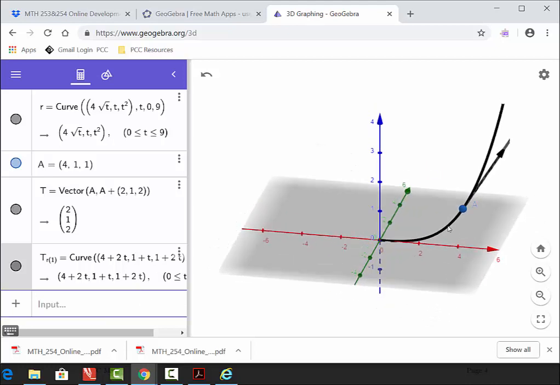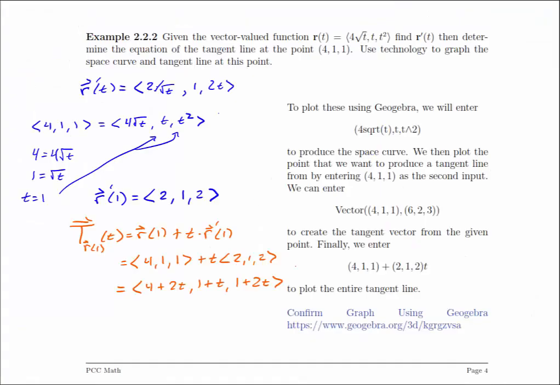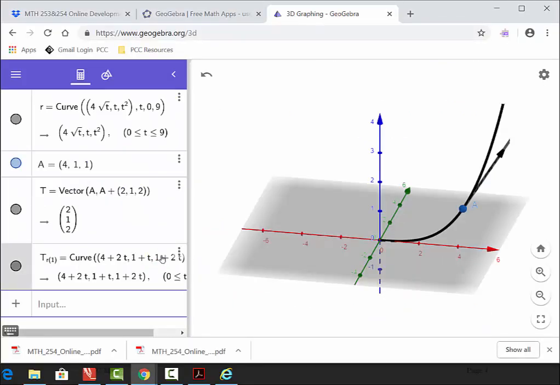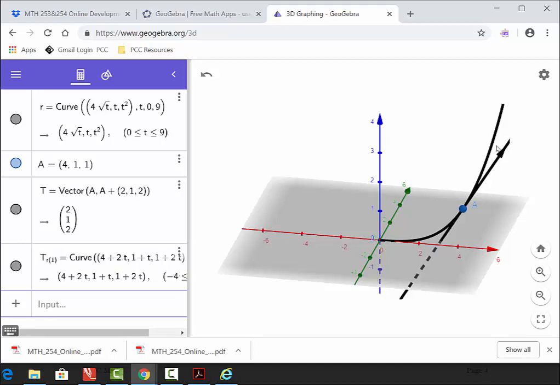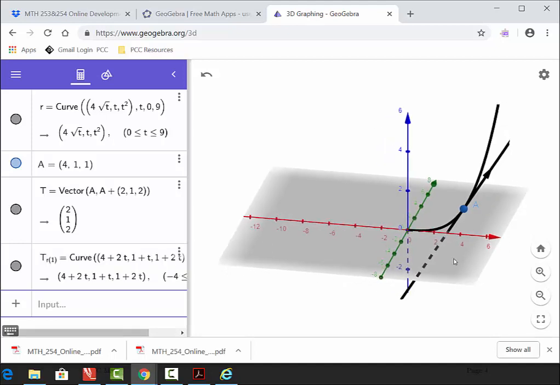So we see that at 0 we're getting a, which actually makes sense. If we go back and look here, if t is 0 right here, then we're just getting our initial point, so we're not getting the backwards direction. So I'll go ahead and go back here and switch this to, say, -4, and try that, and then we see that our tangent line is going forwards and backwards.